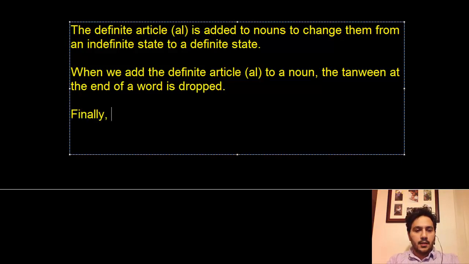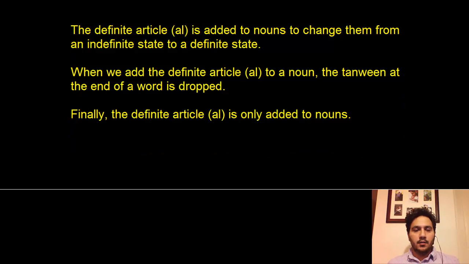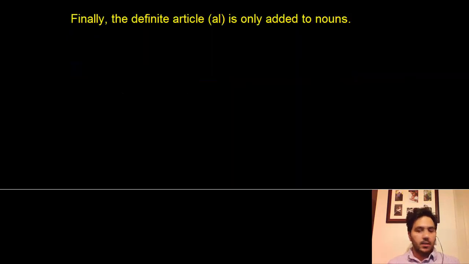Finally, the definite article al-ta'rif is only added to nouns. I'll show you an example of what would happen if you added it to a verb. This will be our final example, and you'll see how it doesn't make sense to add the definite article to anything other than nouns.